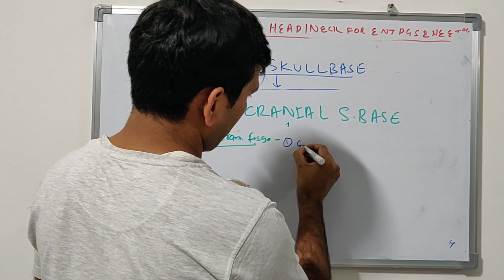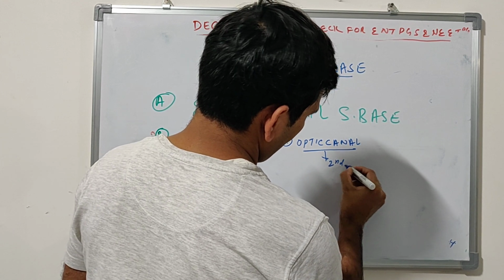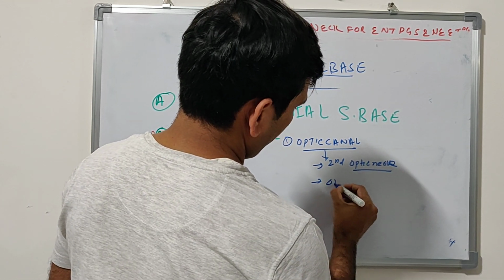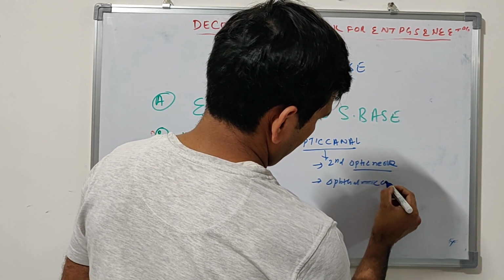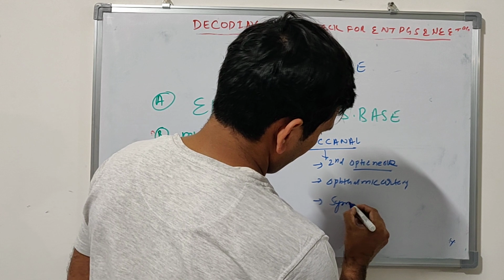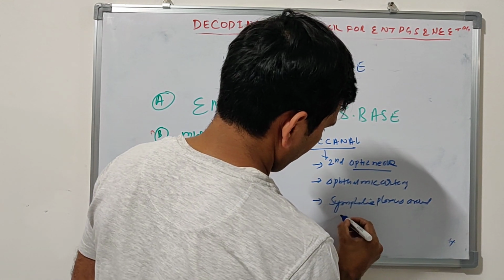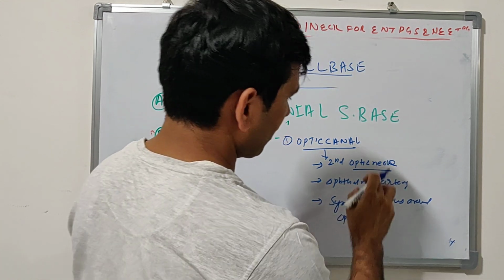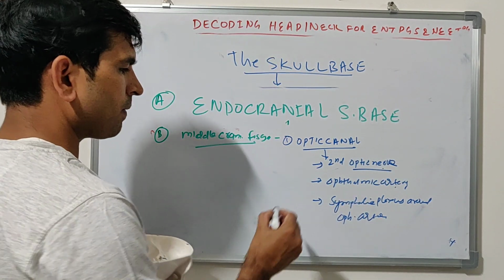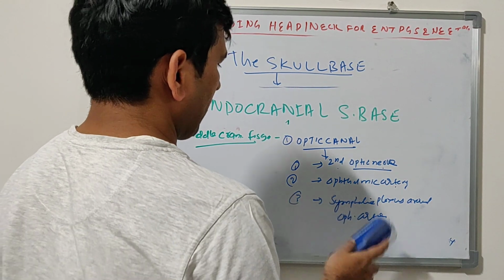Three structures pass through the optic canal: the second nerve, the optic nerve, the ophthalmic artery, and the sympathetic plexus around the ophthalmic artery.